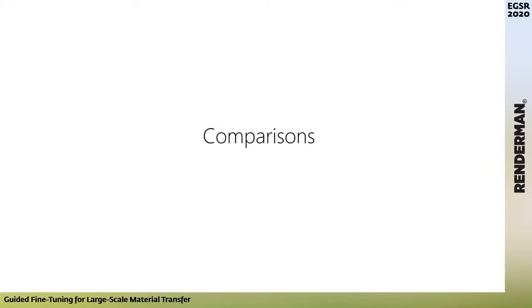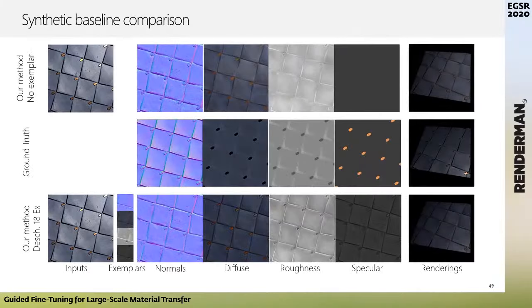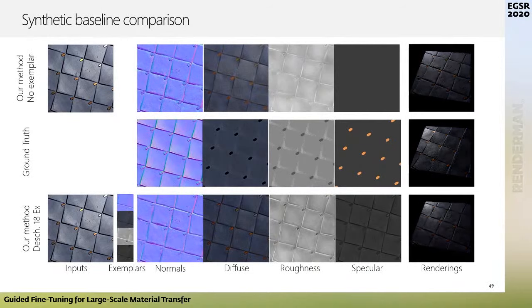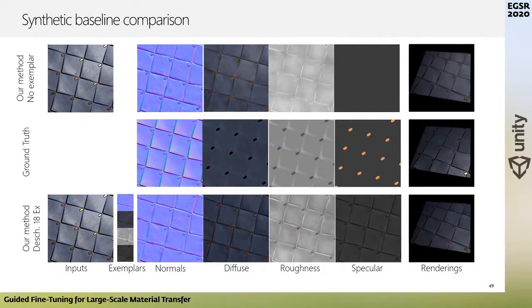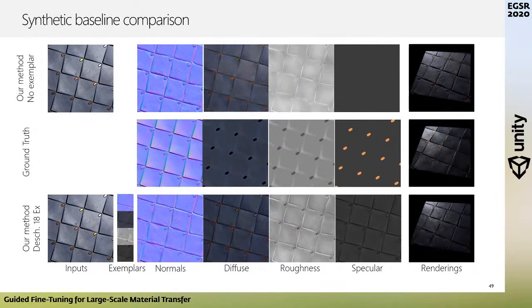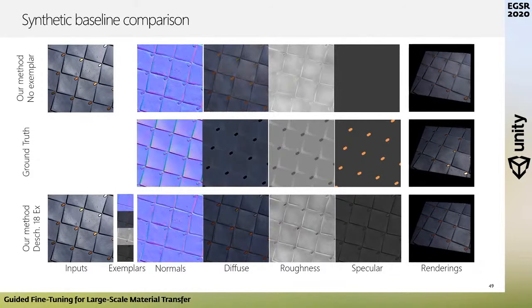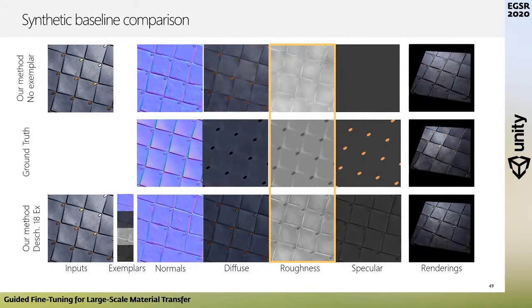We compare our results with previous work on material acquisition and style transfer. First, we compare our method without exemplar on the top, and our method with an exemplar from our method from 2018 on the bottom. We can see that we are more accurate, especially in the roughness parameter.